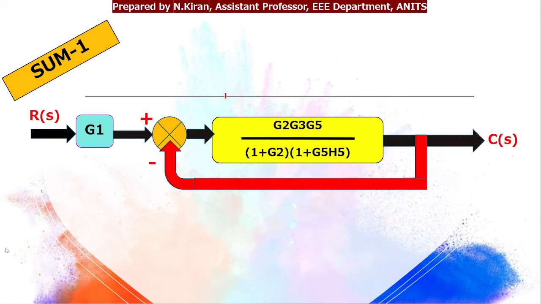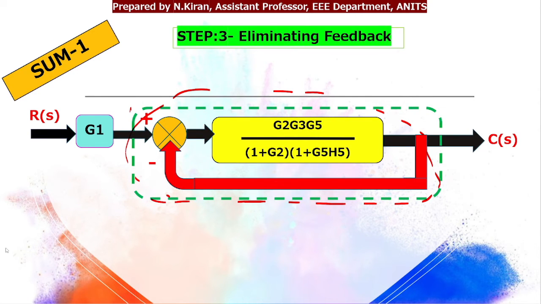So clearly, upon seeing this, we can say that this is an elimination of feedback path. Okay, so here in play the formula, as you know, it is G by 1 plus G into H, isn't it?